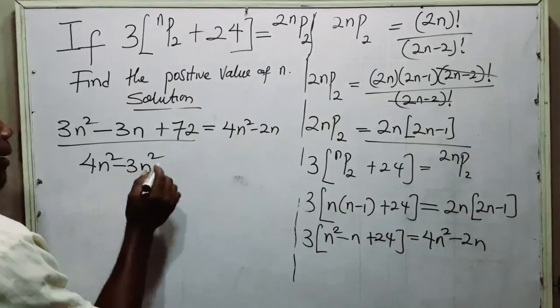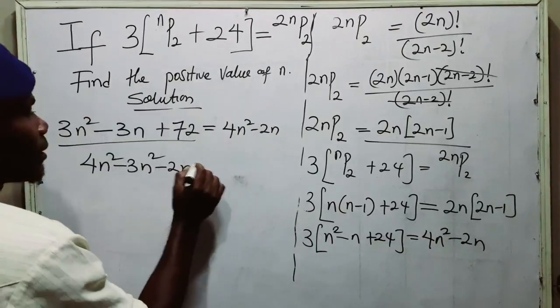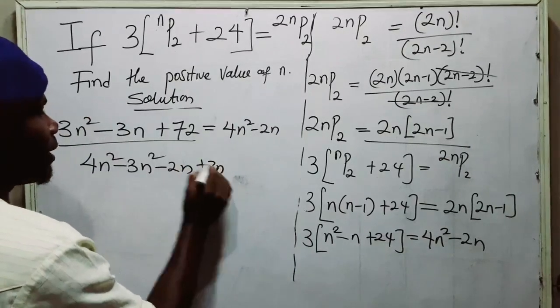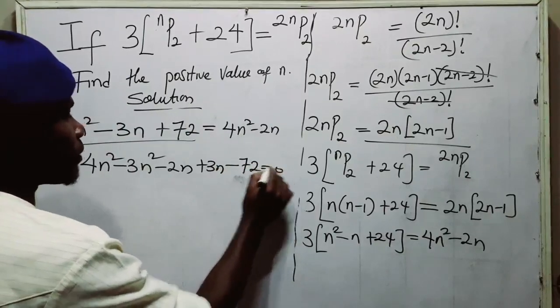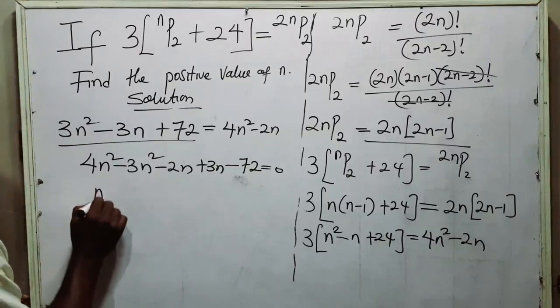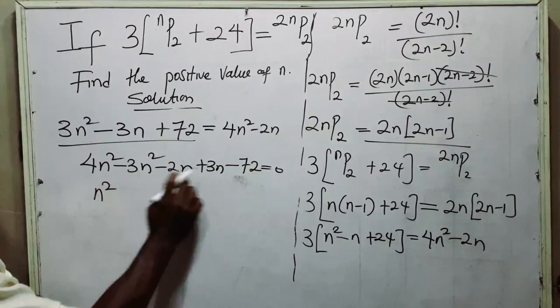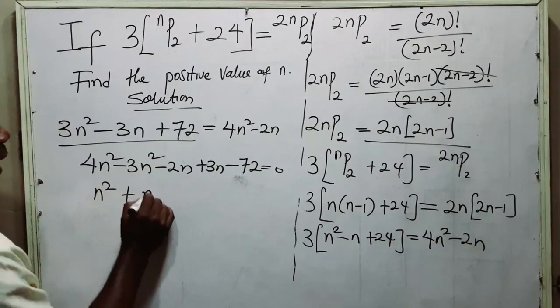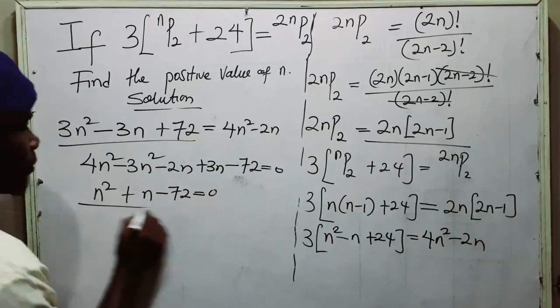This is minus 2n. Let's shift this to this, plus 3n. Let's shift minus 72 is equal to 0. So we have n squared plus n minus 72 is equal to 0.